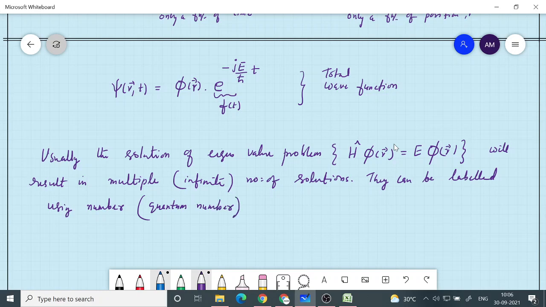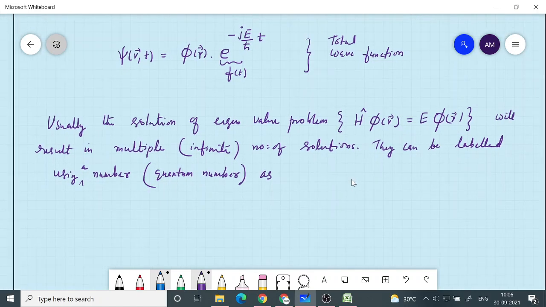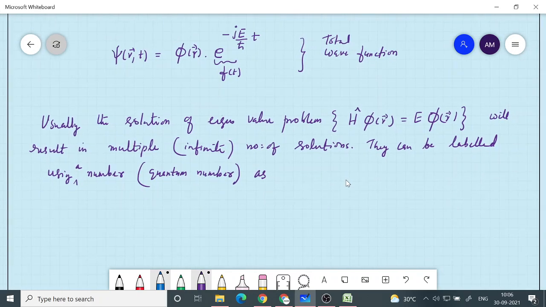So they can be labeled using a number, which is usually called a quantum number. So the eigenfunctions can be labeled with an index. So that index is just to distinguish the different solutions.